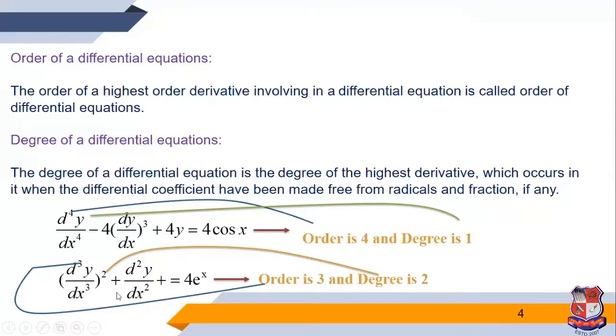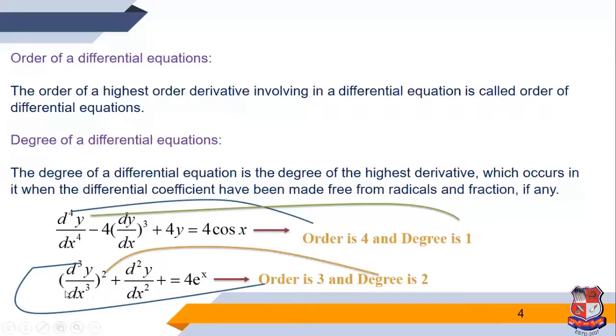Now in the second equation, we have (d^3y/dx^3)^2 plus d^2y/dx^2 plus y is equal to 4e^x. In this equation, the highest order derivative is d^3y/dx^3, so the order of this equation is 3.